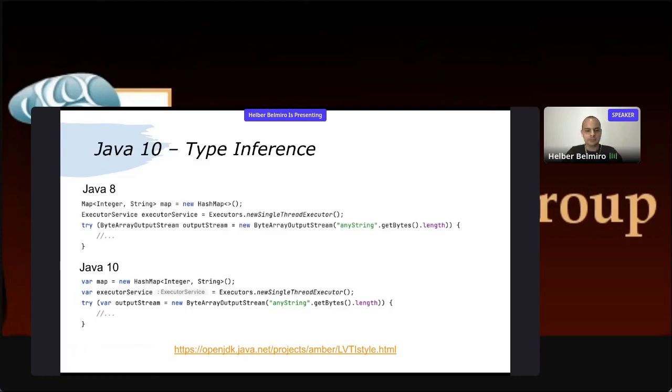But this doesn't mean that Java is not type safe anymore. Once you assign a value to this variable, it will be a HashMap forever. You can't assign a string, for example, in the next line. So it keeps the type safety. And I don't recommend using var everywhere, because your code will start to become messy.